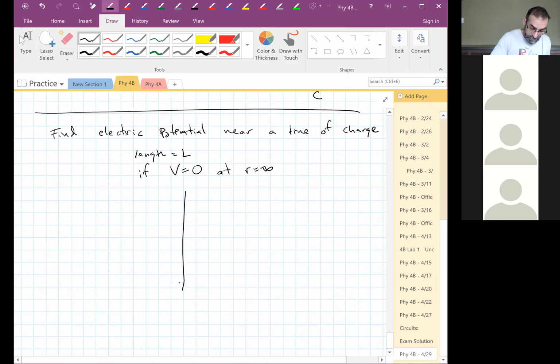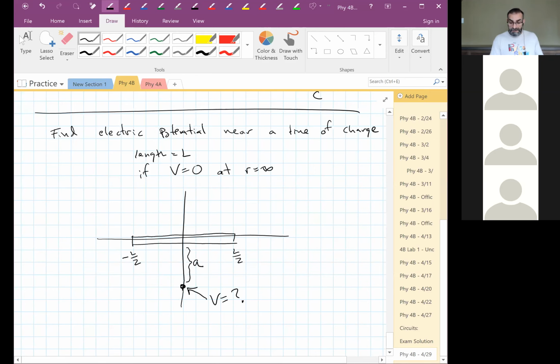Now we'll make it on the x-axis here. There's our line of charge, and this will be L over 2, and this will be minus L over 2. And we want to know what's the potential right there, the distance a away from the center of that rod.